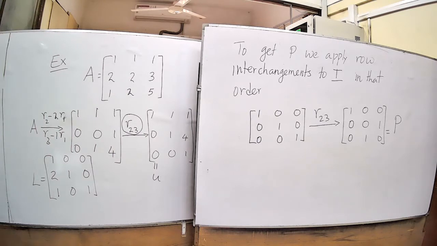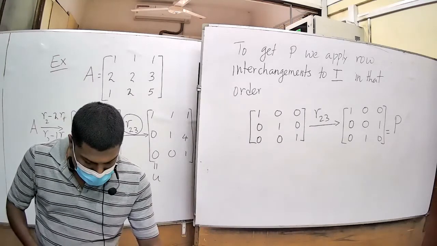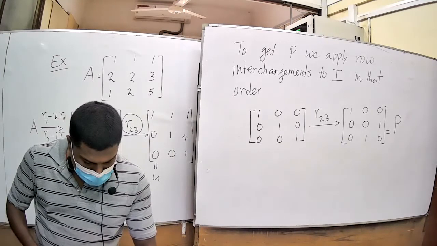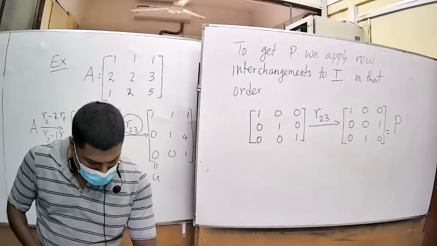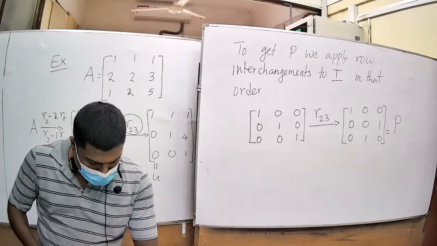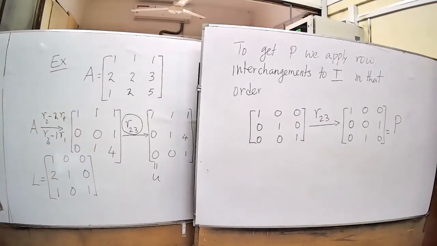So that is how you do the process, right? So that is what we do here. So let me see the multipliers. Two upon one, one upon one.